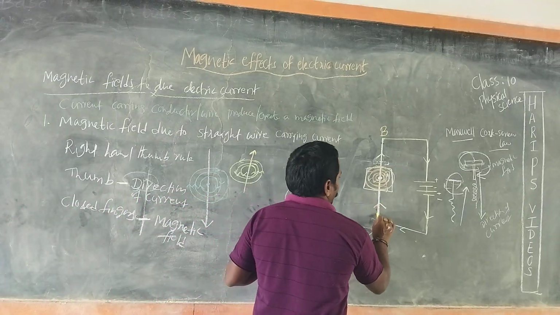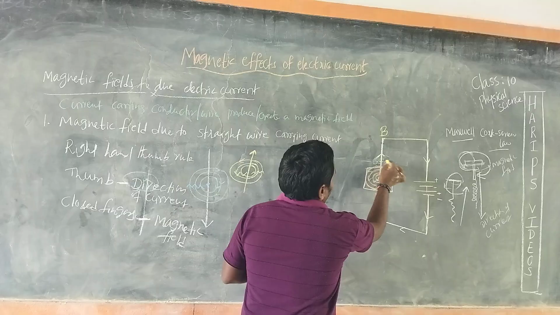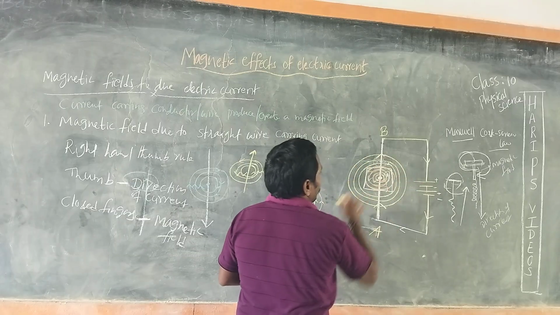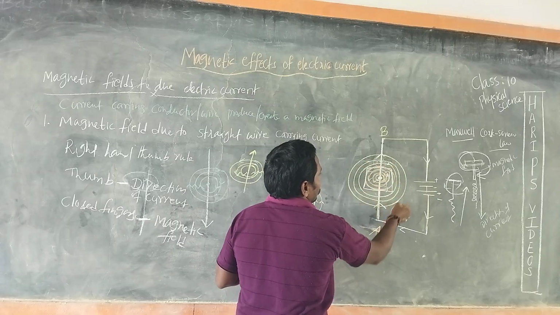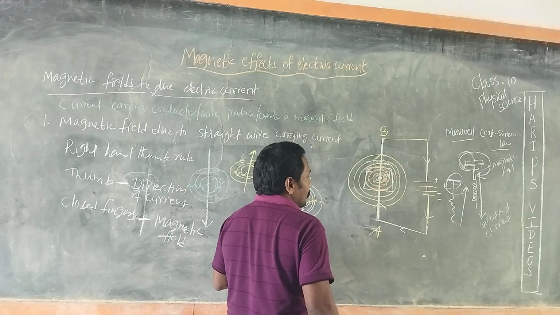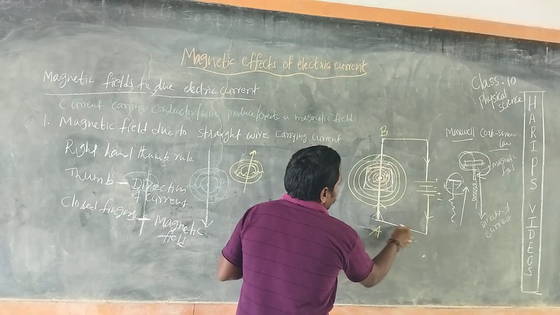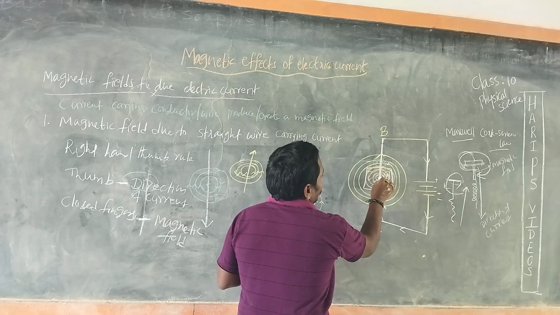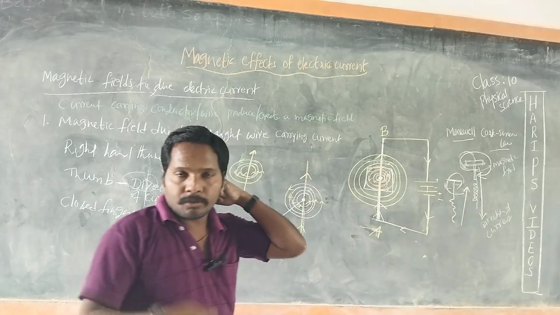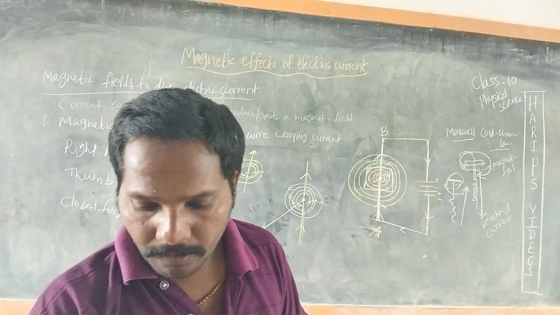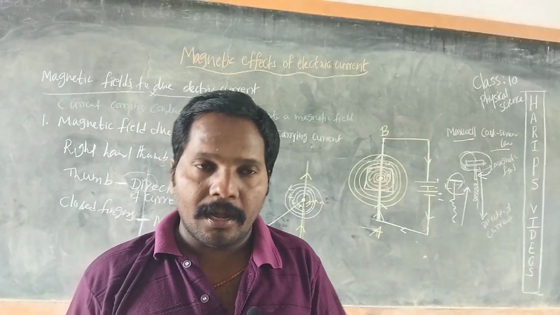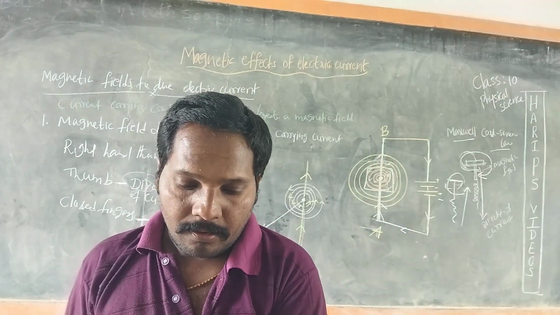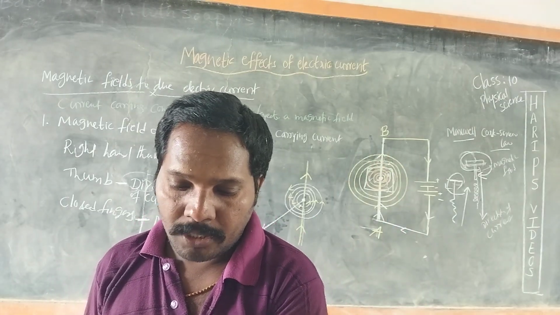So if more current is passing here, then the current carrying wire produces a stronger magnetic field like this. So the magnetic field strength depends on how much current is passing through this conductor and the distance between the point and the wire. So, the greater the current in the wire, the stronger the magnetic field produced, but the weaker the magnetic field at a point farther away.